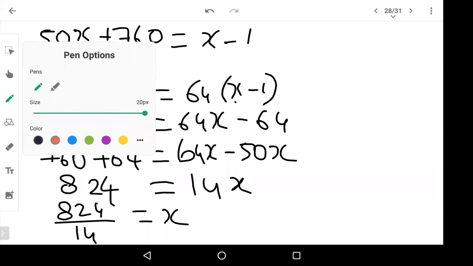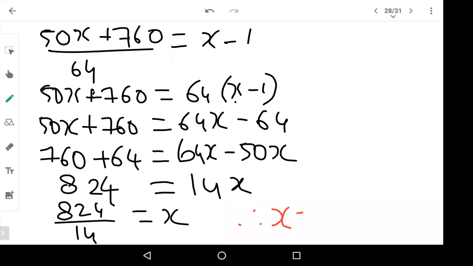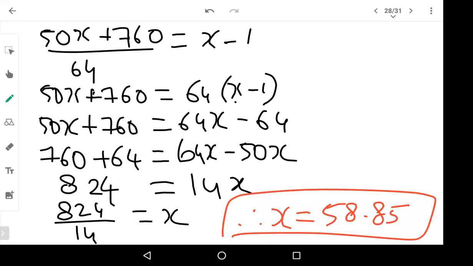Therefore, you can get it in decimals because this is an amount. Therefore, X is equal to 824 divided by 14, which will give me 58.85. This is rupees 58.85. Everybody got 58.85?